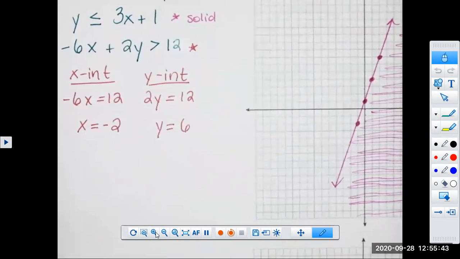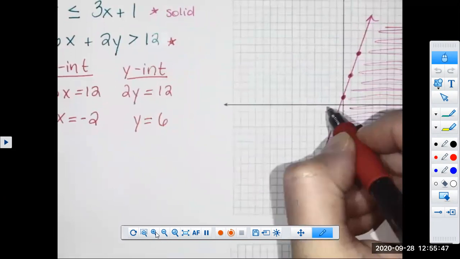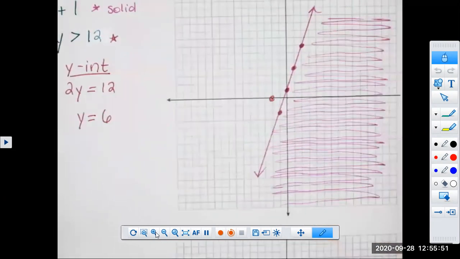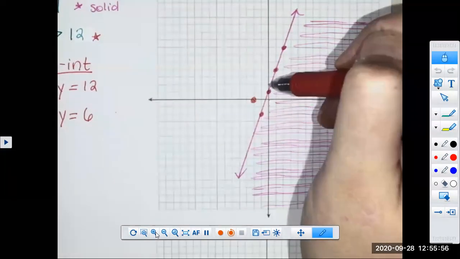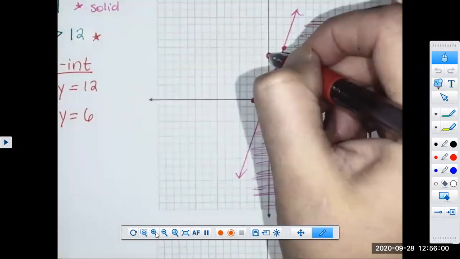So to graph this line, put a point on the x-axis at -2. Put a point on the y-axis at 6. Is this a solid or a dotted line?